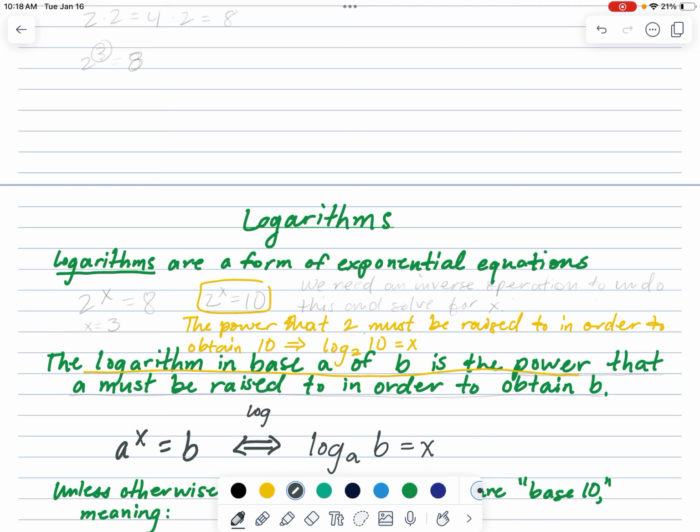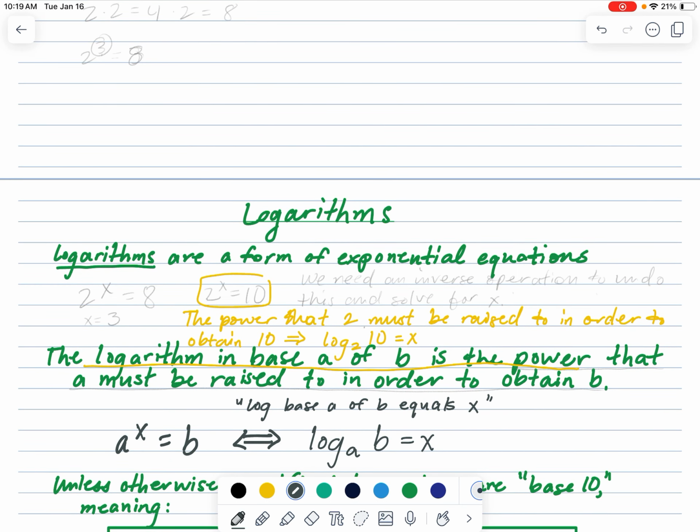Again, that reads log base a of b equals x. And what that did for us is it got the x out of the exponent. And we can use our calculator or some other tools that we have to find out, well, what is log base a of b?